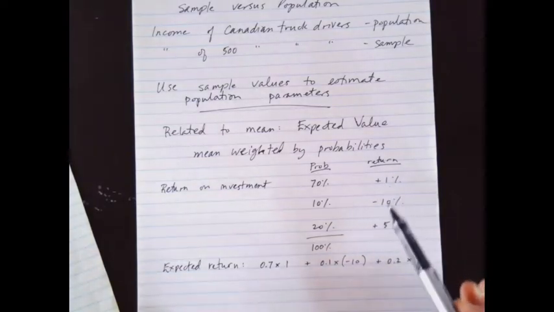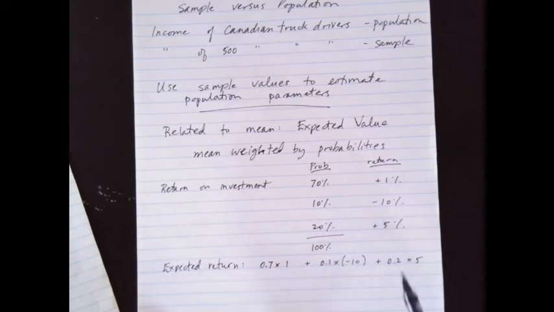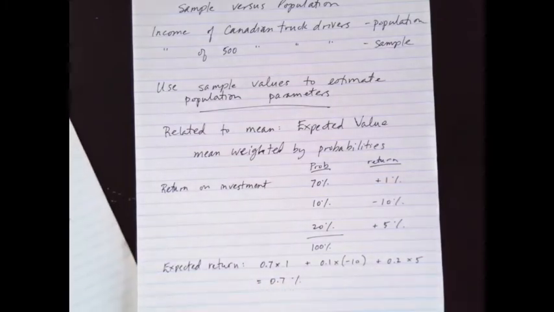So we've taken the returns and we've weighted each of them by their associated probability, and that equals 0.7%. So the expected return on this investment then is 0.7%.